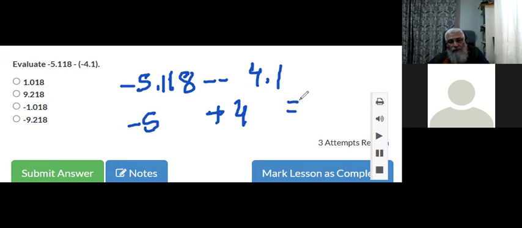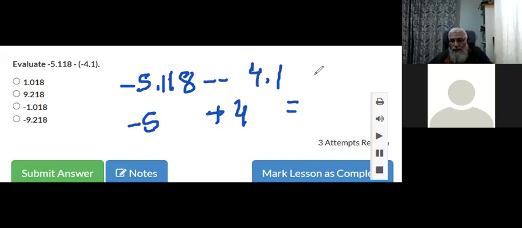Negative 5 plus 4 is 9? No, 9 if we add 5 plus 4, or add negative 5 and negative 4. We can get 9. But we cannot get 9 from negative 5 and plus 4. So it would be 1.